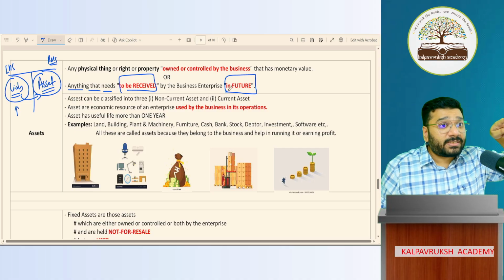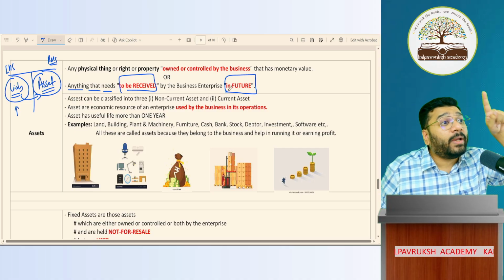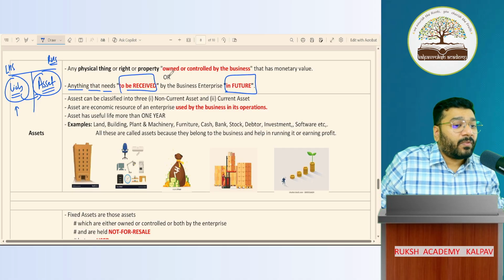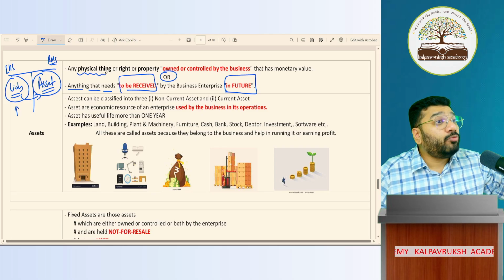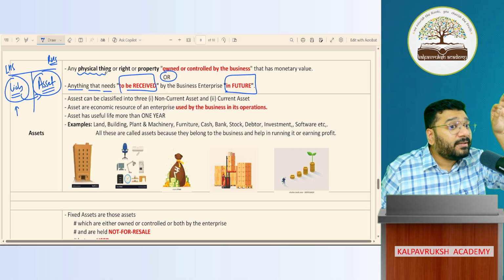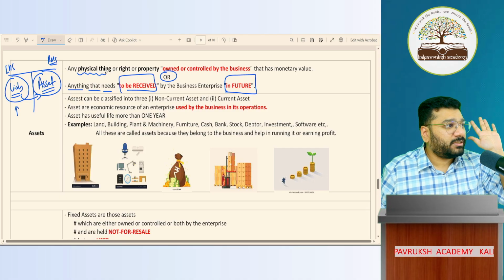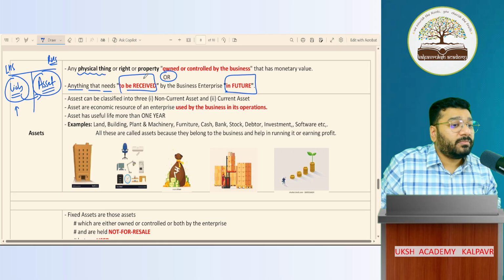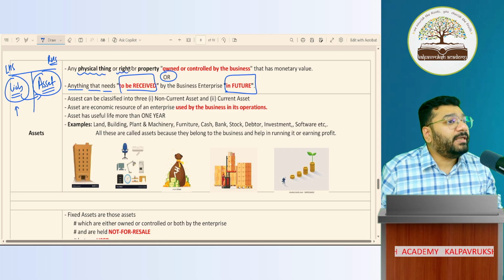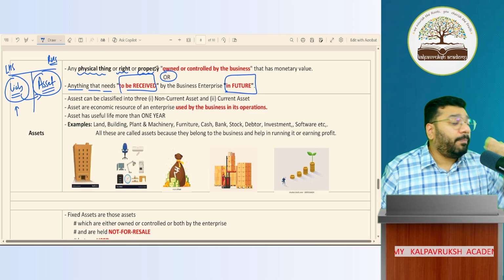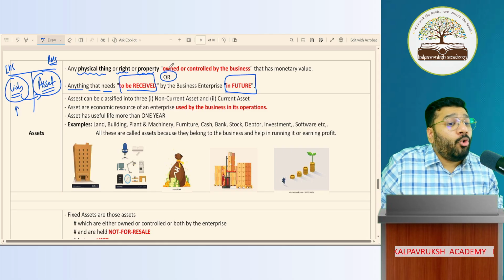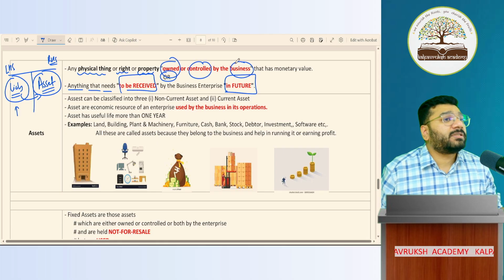Apart from this, there is one more meaning of asset. An asset could be any physical thing which you can touch, or it could be a right, or it could be a property which is either owned or controlled by the business.